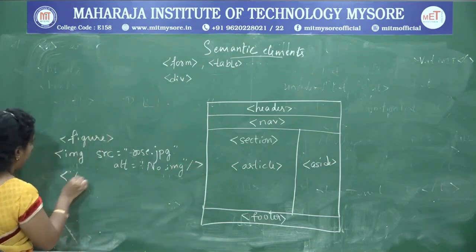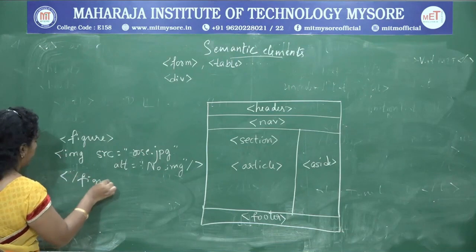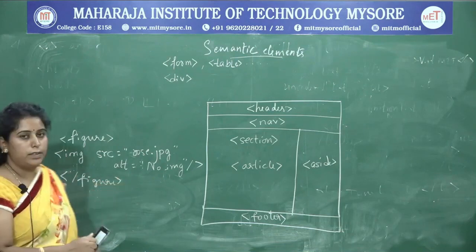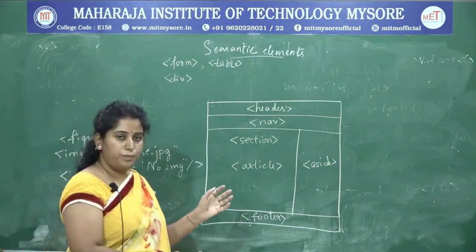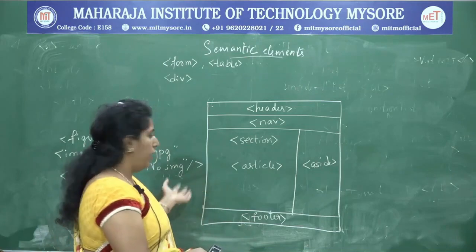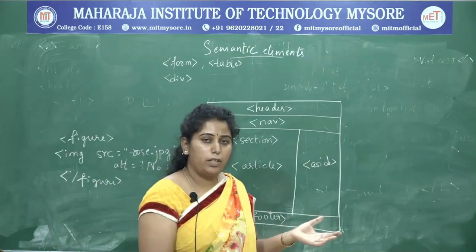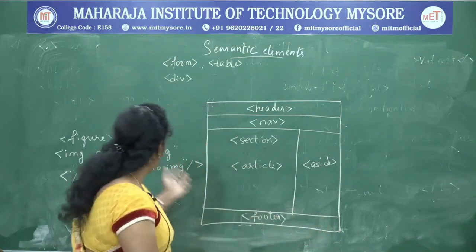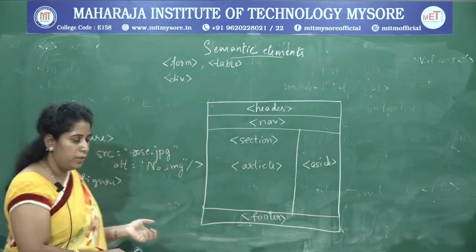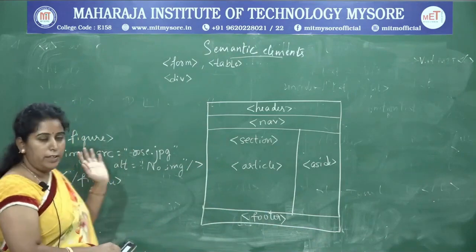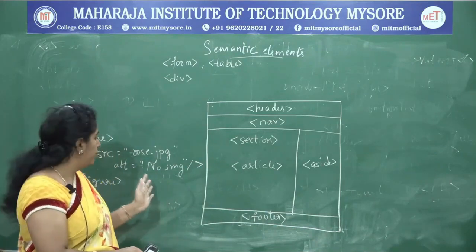After that, end the tag. This is how, while creating a web page, in order to display an image on the document, you can make use of a tag called figure. So using this you can display an image in the web page.